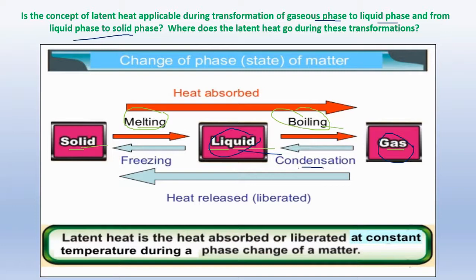And this liquid form we have to convert into solid form, so basically we'll have to freeze the water, and that is how it will get the solid form. So when we are moving from gas phase to liquid phase, condensation will take place, and when we are moving from liquid phase to solid phase, freezing will take place. So over here the heat is released.